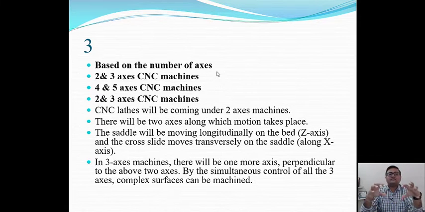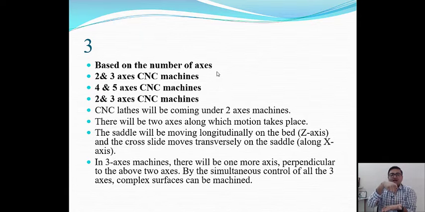If you have ever seen a milling machine, what happens in a milling machine? The workpiece is placed on the magnetic chuck plate, and the tool which is above it can move in the Y direction, in the X direction, or in the Z direction. The Z direction movement is the up and down movement of the tool.